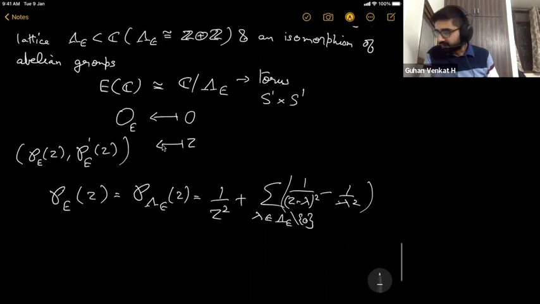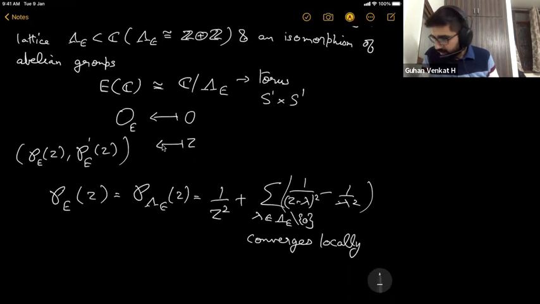This function converges locally, uniformly, absolutely.